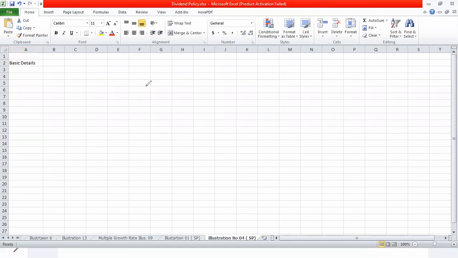Last class we have written Walter model formula: P0 equals dividend plus E minus D divided by KE. Here also we will have to multiply it by R divided by KE.